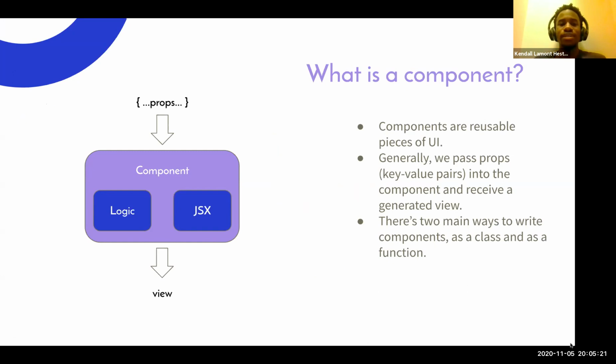All we need to know is what to pass in as props, and then we expect to be returned a view or UI. There are two main ways to write a component: either as a class or as a function. For the purposes of this presentation, we're going to be focusing on functional components.